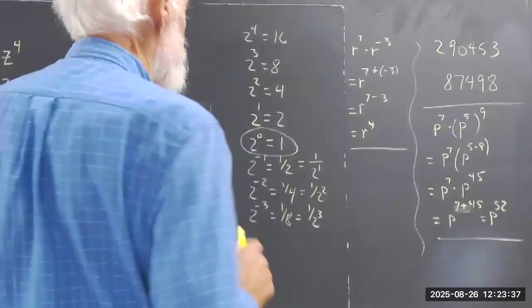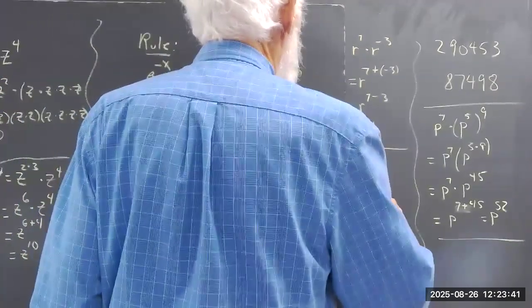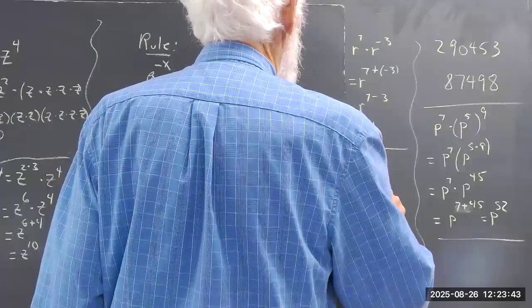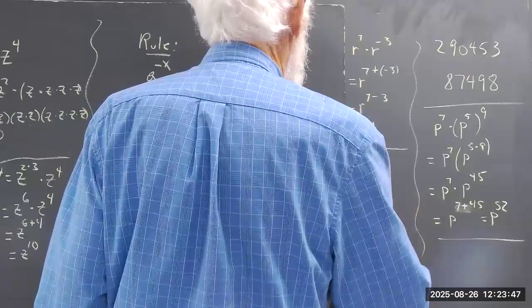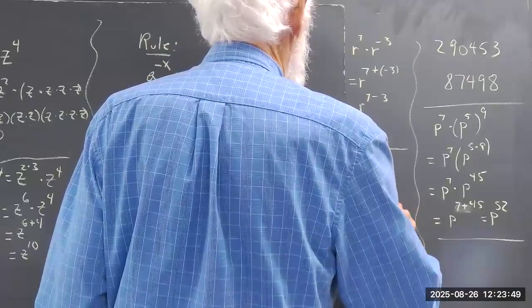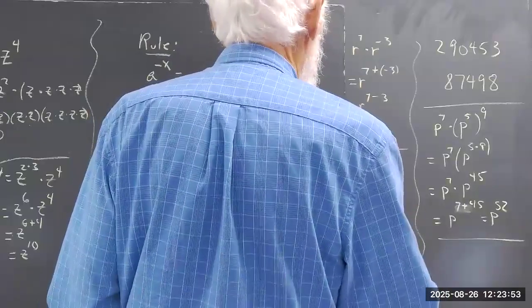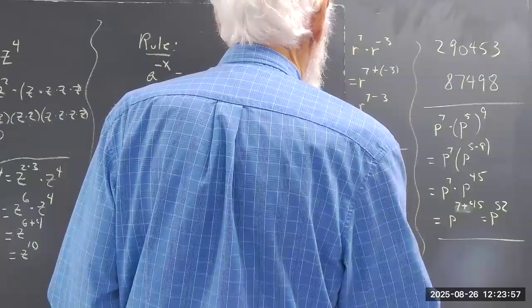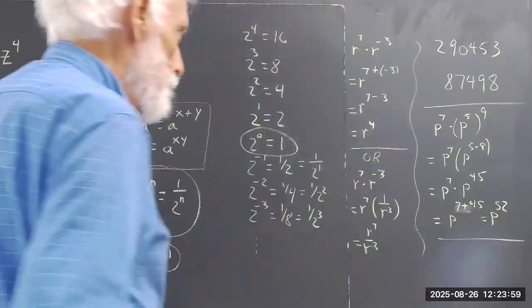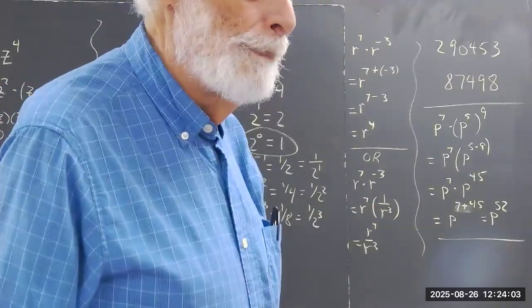All right. Now, there would be another way to do this. You wrote r to the -3 is 1 over r to the third.